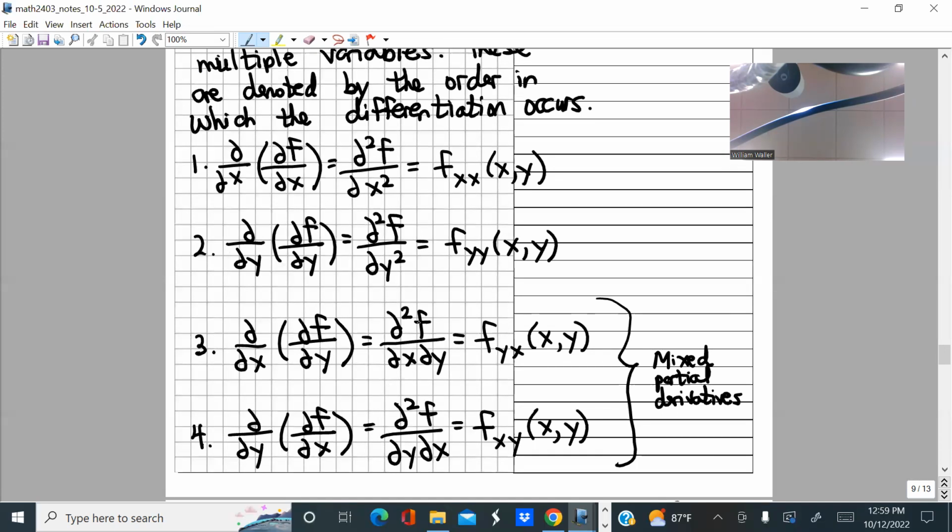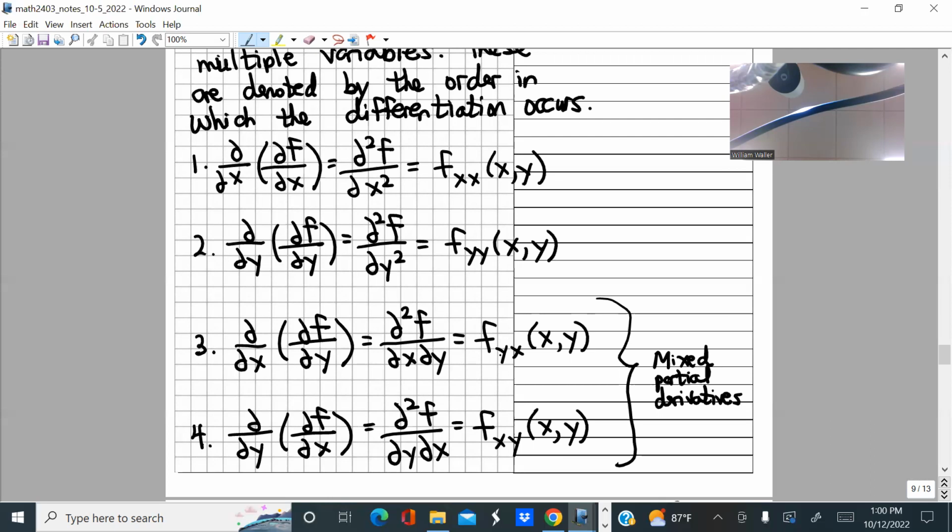So this is what it looks like in the old-fashioned notation. Notice this means you took the derivative with respect to y first and then the derivative with respect to x. So you're reading the order of differentiation from right to left in the old-fashioned notation.